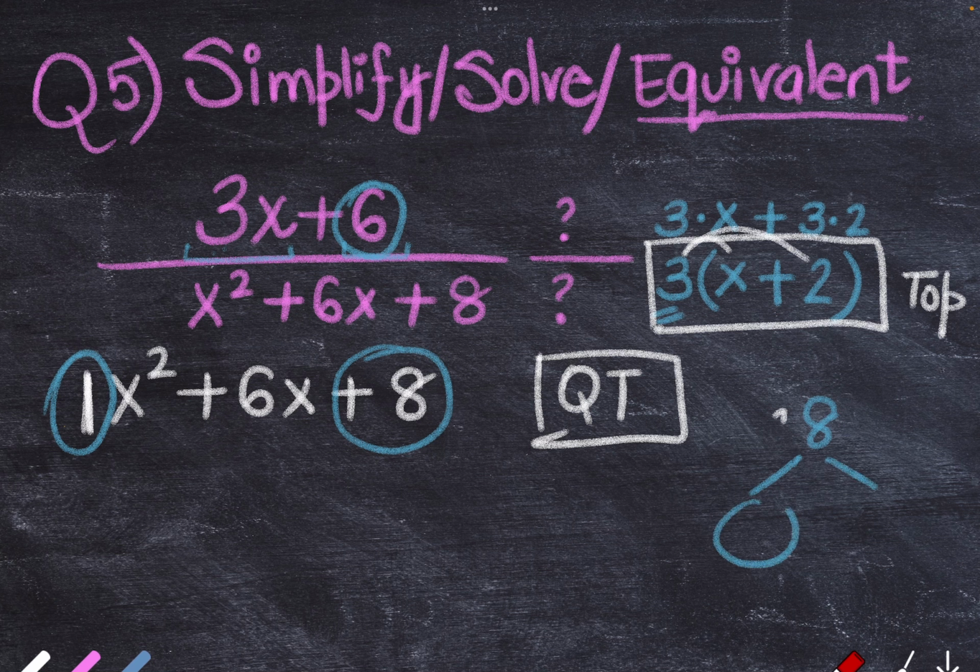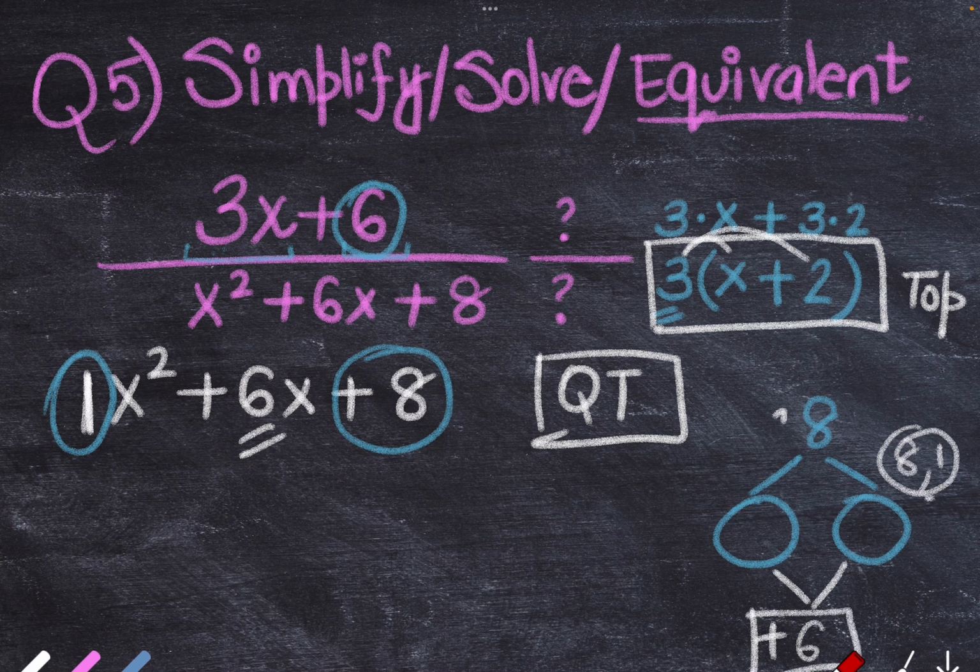Now think about two numbers which when multiplied give me 8, but which when added give me positive 6. I can think about 8 times 1 is 8, but when I add them, I get a 9. I do not get a 6.